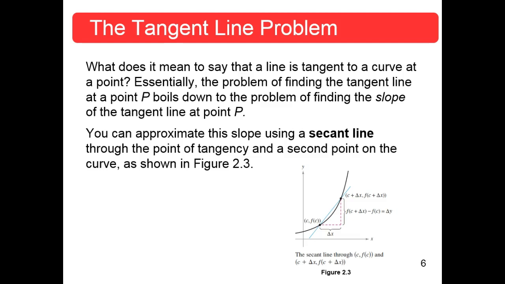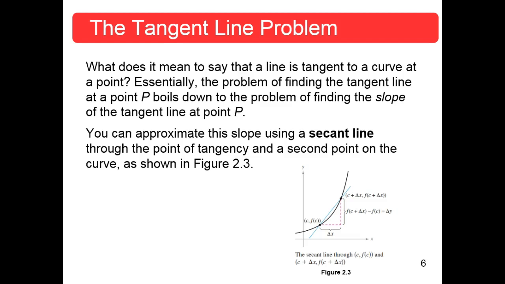Well, here's what we're going to do. We're going to let that delta x get smaller and smaller and smaller. So the next time we'll do a point down here, and that will be the slope of the secant line. Then we'll do one down here, and then one here, and we're going to let that delta x approach 0. But guess what?